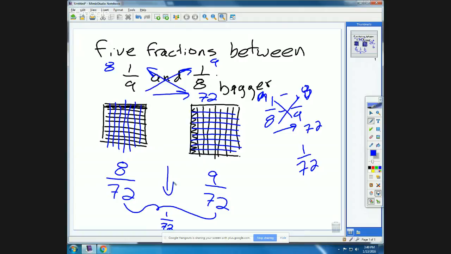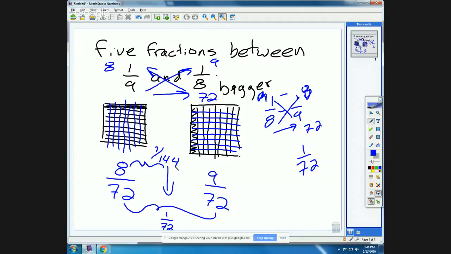Yes. To get to the midpoint, I go half that distance, which would be how far? 1 out of 144. And so I could add that 1/144 to say the 8/72nds. That would give me the number in the middle.